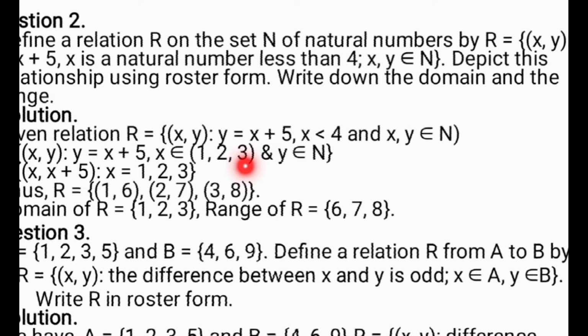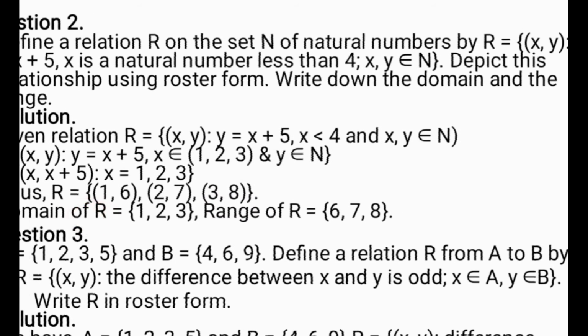Now substitute x equal to 1, 2, 3 in the given relation. If x equal to 1, y equal to 6; x equal to 2, y equal to 7; x equal to 3, y equal to 8. So therefore domain of R equal to 1, 2, 3, and range of R equal to 6, 7, 8.